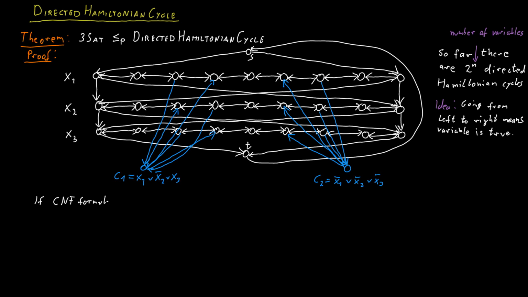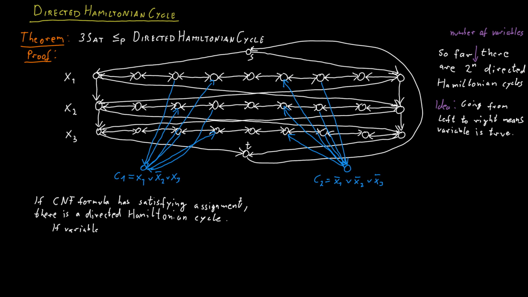If our formula has a satisfying assignment, then I can also find a Hamiltonian cycle in this graph. If a variable in the satisfying assignment is set to true, I will traverse the corresponding row in the graph completely from left to right. And if it's set to false, I traverse it in the opposite direction.